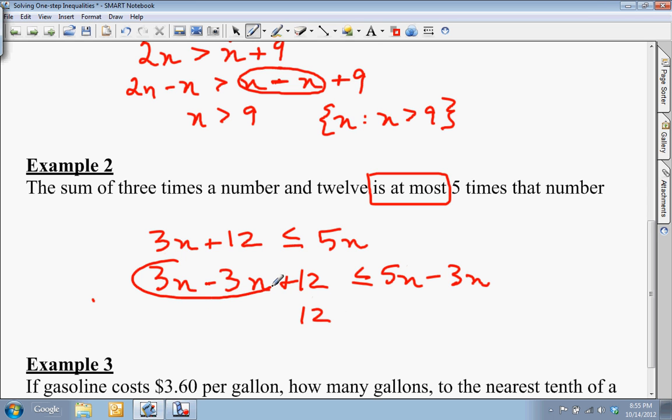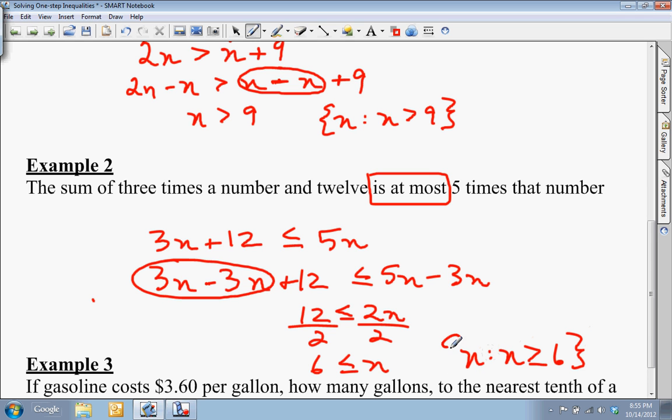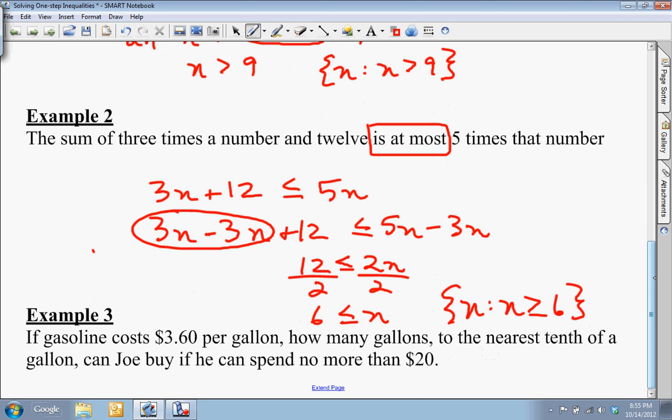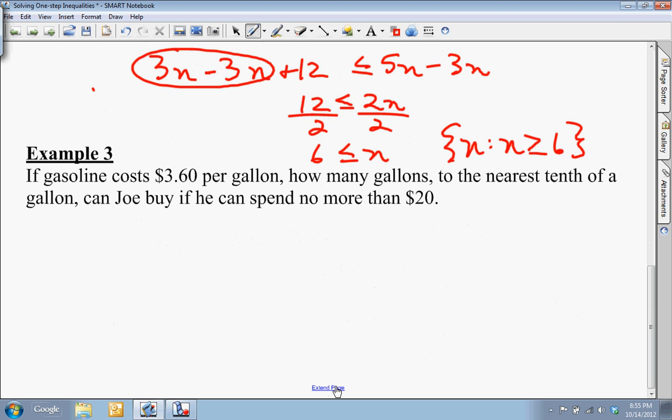So we're left with 12, because this gives us 0, is less than or equal to 2n. We know that we're going to divide in this case by 2, and because the n is on the right side, we're actually going to read this backwards, so all real numbers for which n is greater than or equal to 6. Now I want you to pause the video and try to answer example 3 on your own. When you're finished, come back and I'll show you the solution.